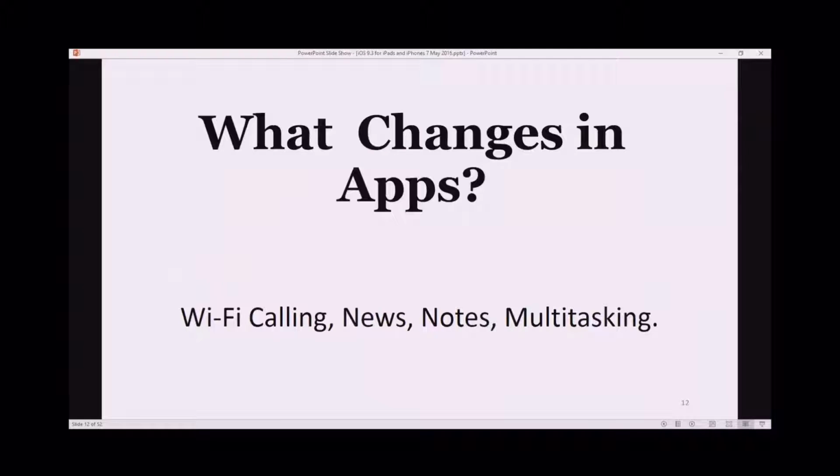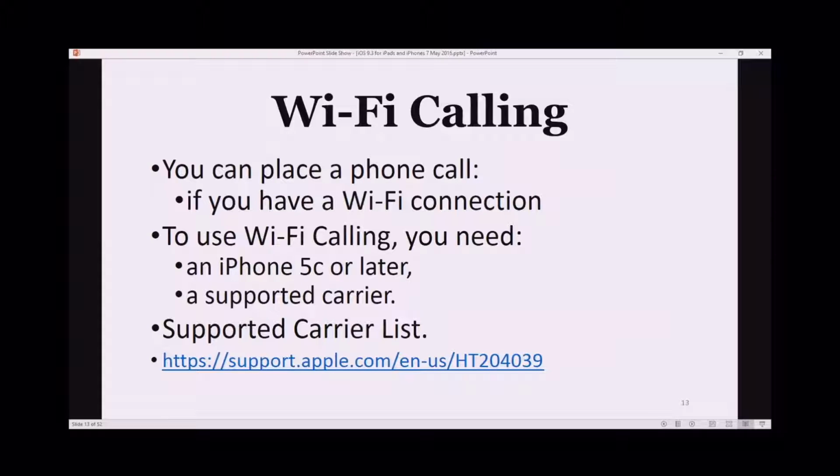So what changes did we have in apps that came out with iOS 9.3? I'm going to cover these in detail: Wi-Fi calling, news, notes, and multitasking. Let's start with Wi-Fi calling. Neat thing. I happen to be an Apple iPad, iPhone user. My support carrier is Verizon, and now I can place a phone call using my Wi-Fi connection instead of my data link from the cell tower.